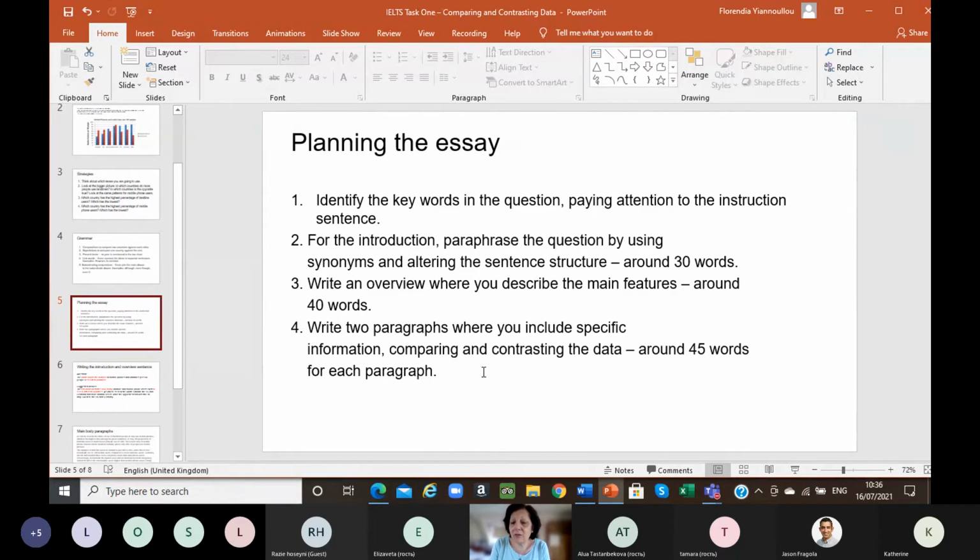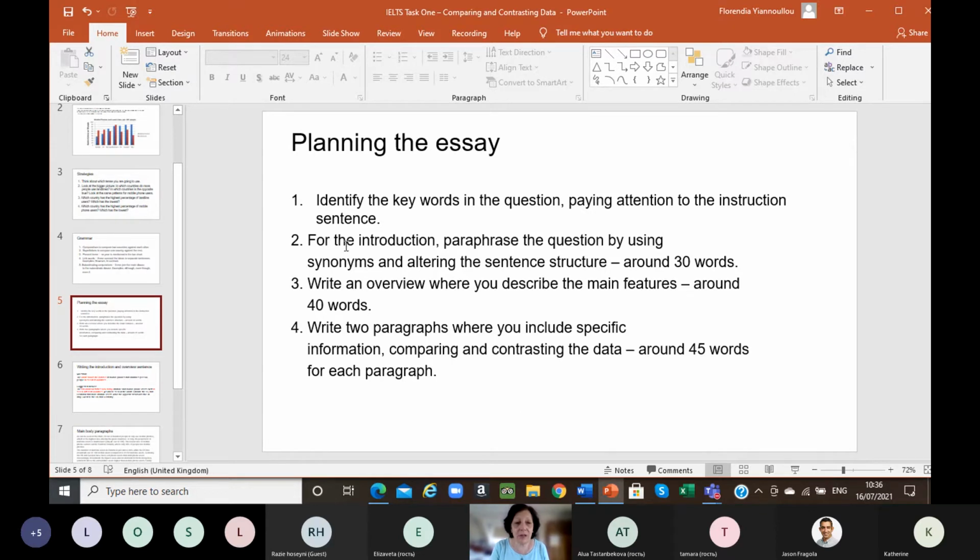There is where you focus on the specific data, yeah? So that would be about, if you're doing 2 paragraphs, which is better to be honest. So you've got your introduction, you've got your overview sentence, and then you've got your 2 paragraphs comparing and contrasting the data, about 45 words each paragraph.